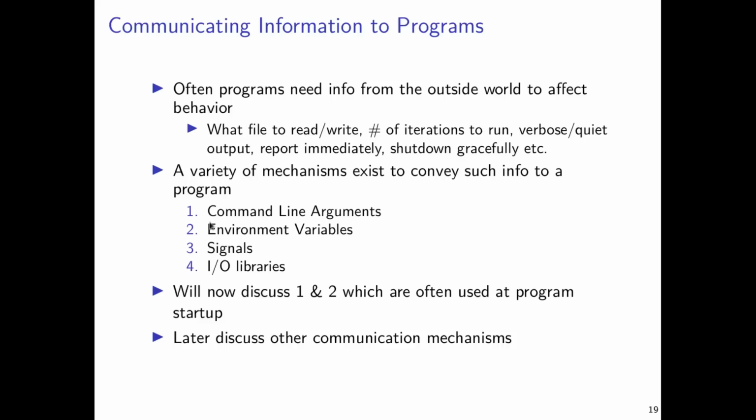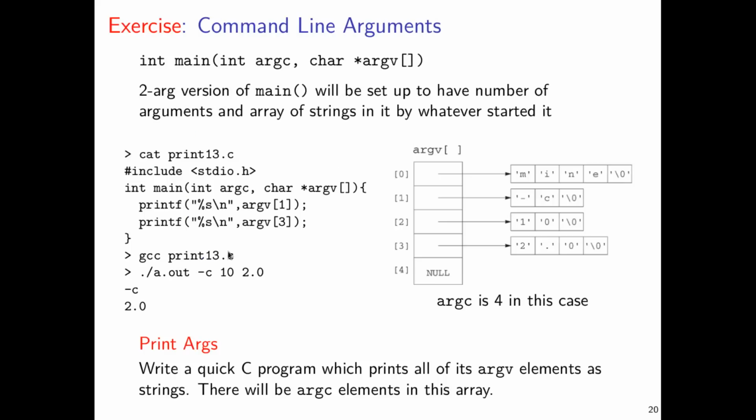We'll talk briefly about these first two, command line arguments and environment variables, and discuss some of these later mechanisms like I/O libraries and signals later on in the course.